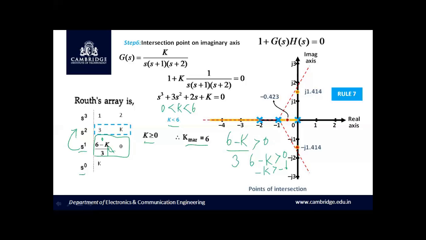If you solve for its roots, you will get a few roots on the imaginary axis, which make the system marginally stable. Let us represent the auxiliary polynomial, which is given by, from this s square row, 3s square plus K equal to 0.